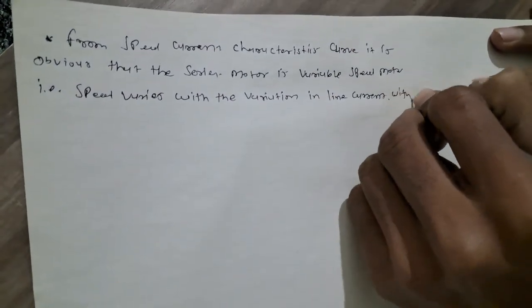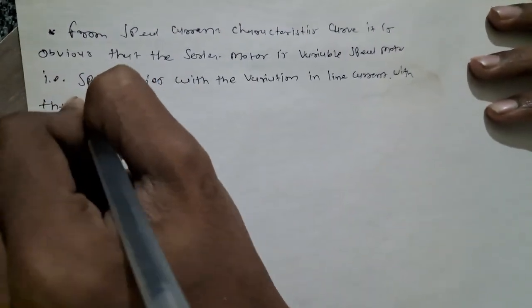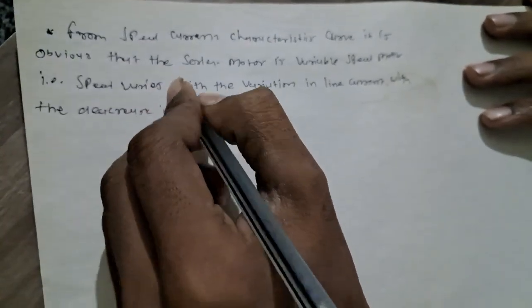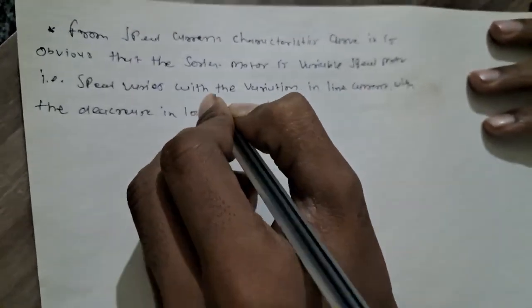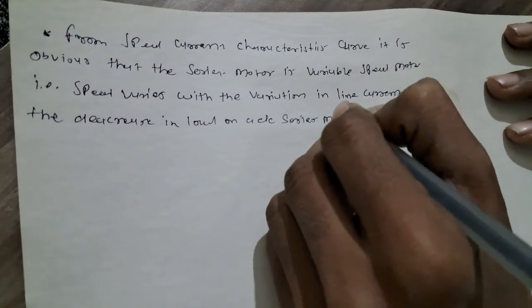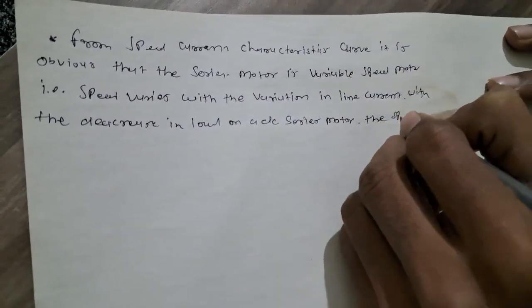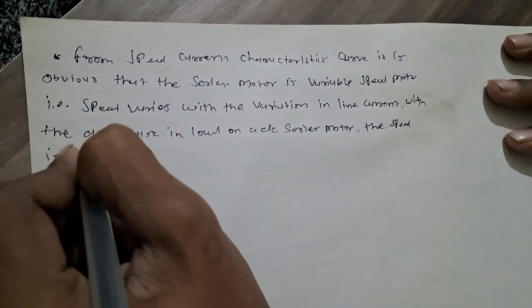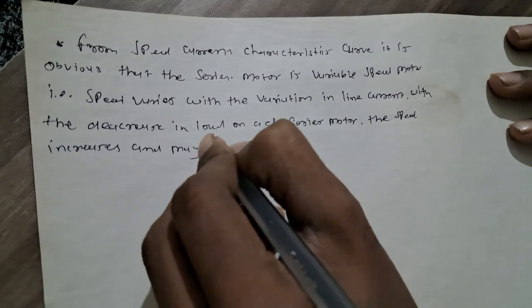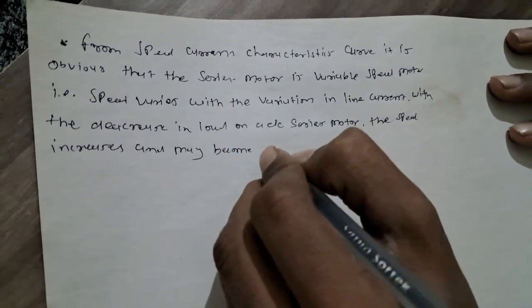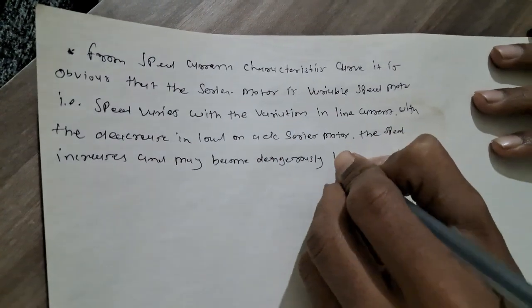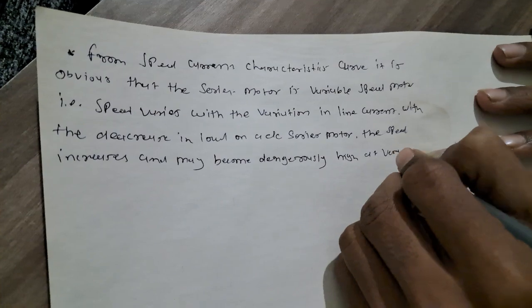With the decrease in load on a DC series motor, the speed increases and may become dangerously high at very light loads.